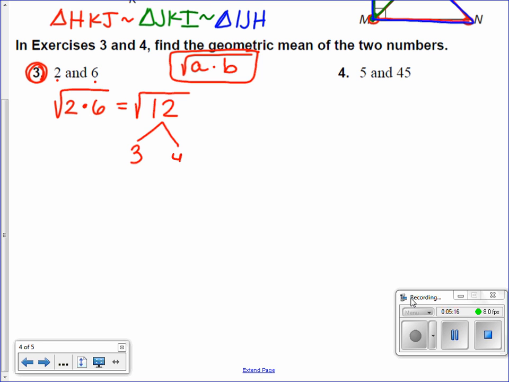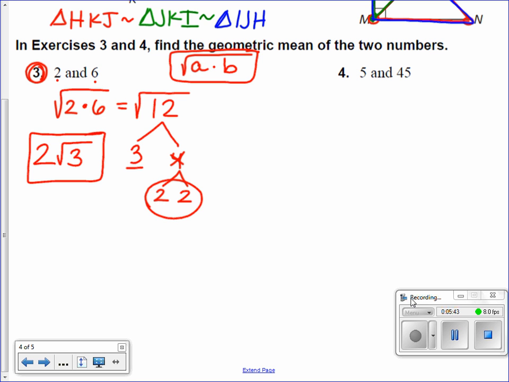I'm going to do 3 and 4. 4 breaks up into 2 and 2. Cross off the 4 since I broke that down. I have a pair of 2s and a single 3. So my final answer here, pair comes outside, 2, and single stays inside, 3. And there's my geometric mean.